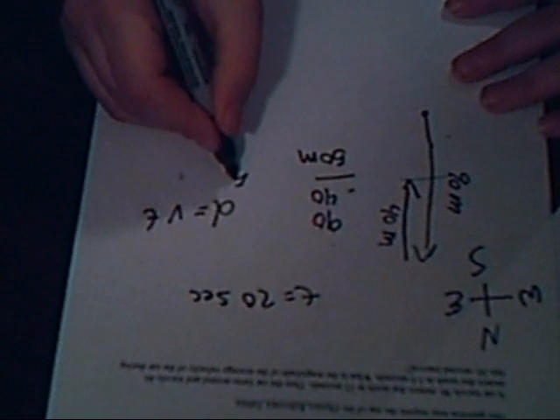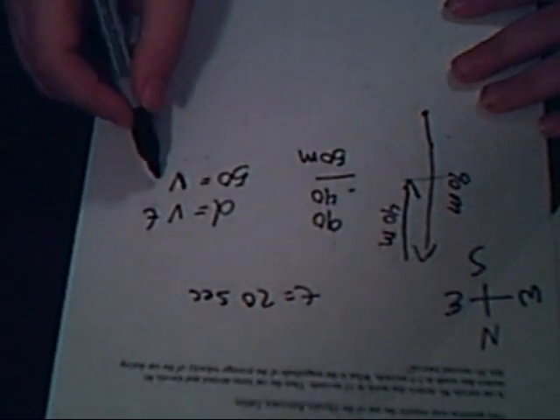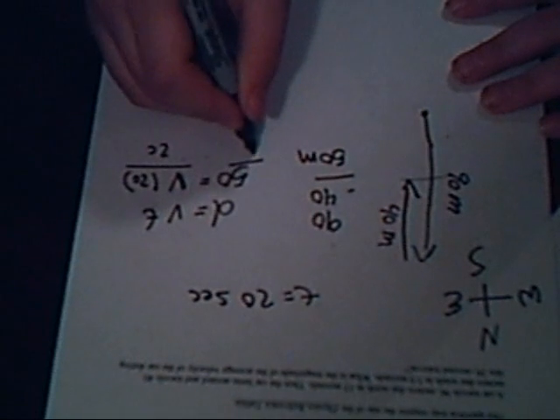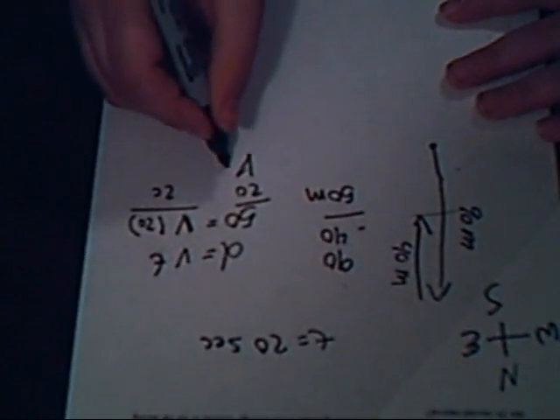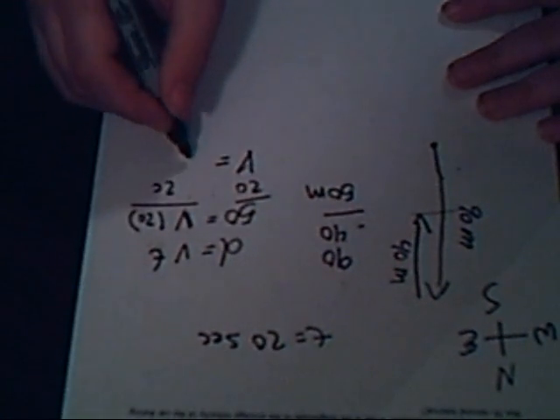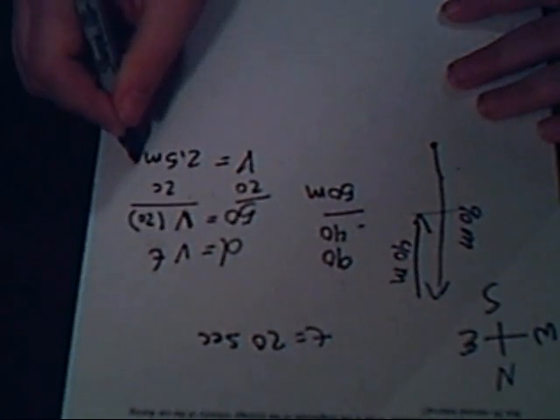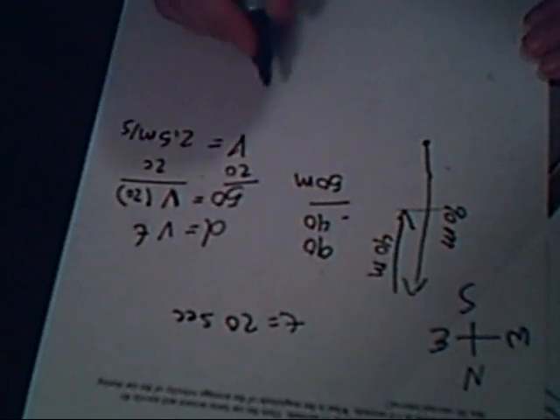If your distance is 50 meters, then your velocity is your x, and your time is 20 seconds. Then you divide 50 by 20, and you get your v, or velocity, to be 2.5 meters per second. So the average velocity of the car during the 20-second interval is 2.5 meters per second.